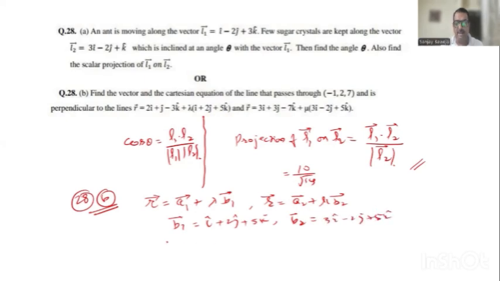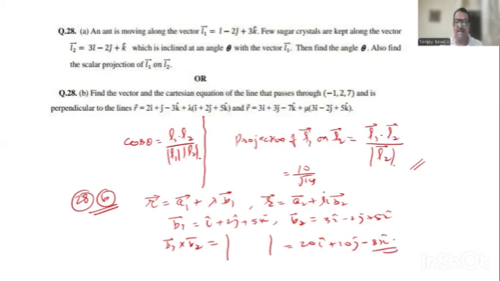And we know that B1 cross B2 is a vector which is perpendicular to both B1 and B2. So you can find out B1 cross B2. You will find that B1 cross B2 is 20i cap plus 10j cap minus 8k cap.